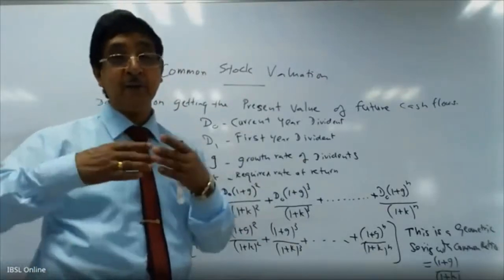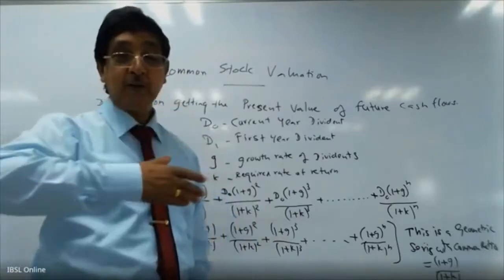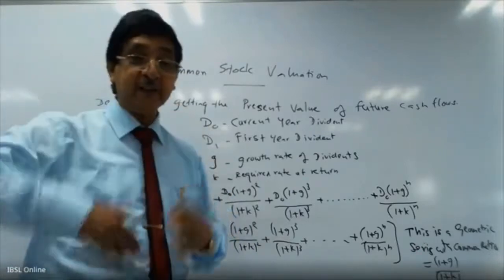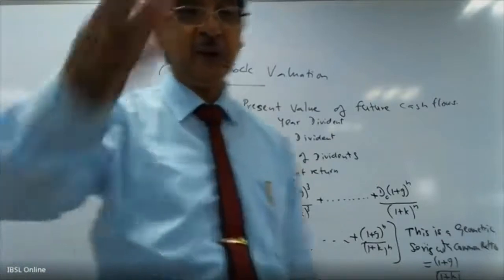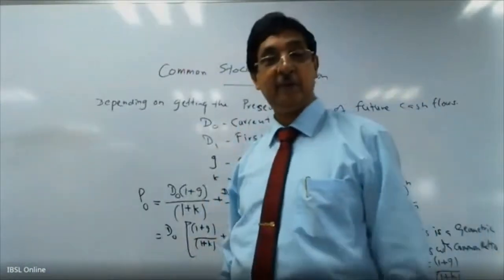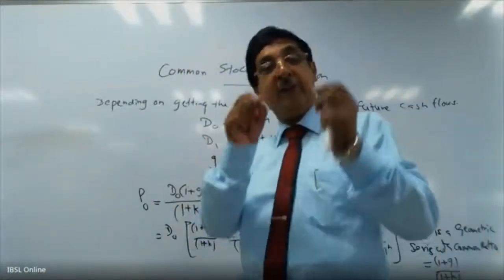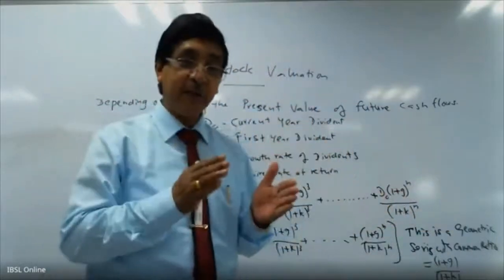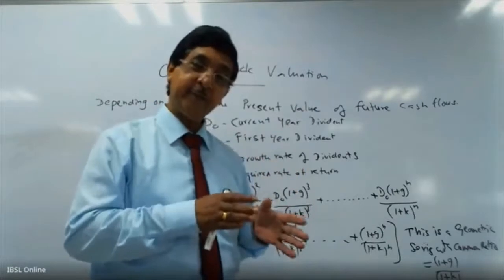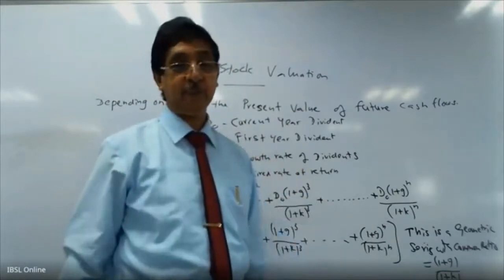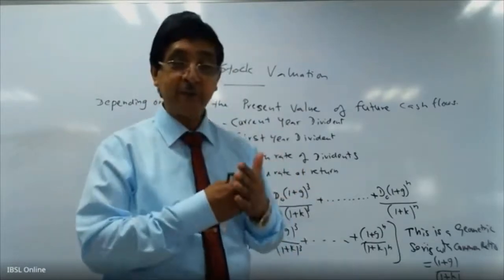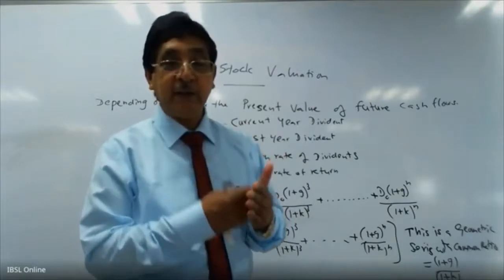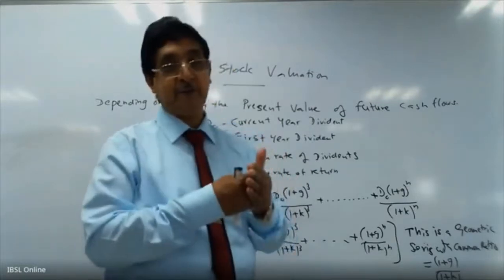You can't pay a dividend at a rate which is higher than your required rate of return. So there's a limitation here. That limitation is g should be lower than k. g is the dividend growth rate, k is the required rate of return.